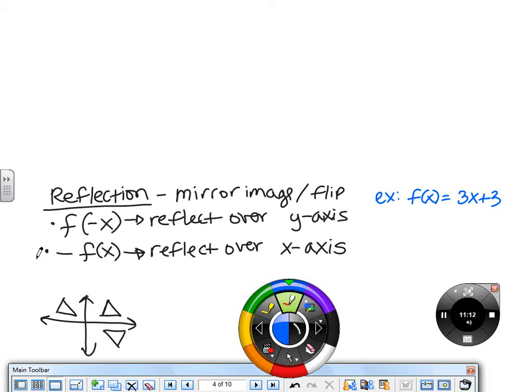If I wanted to reflect that line over the y-axis, I wanted to do a horizontal reflection, all I would be doing to the function is just applying the negative in the term where x is. So that would end up looking like negative 3x plus 3.